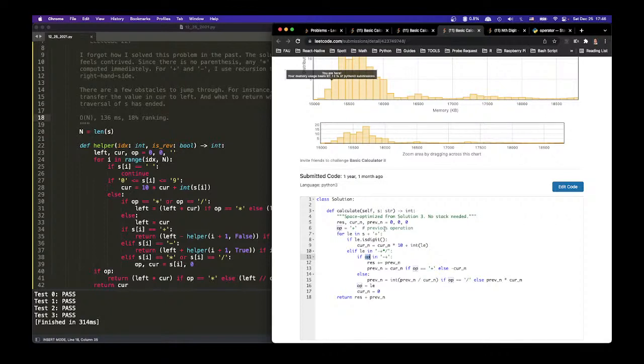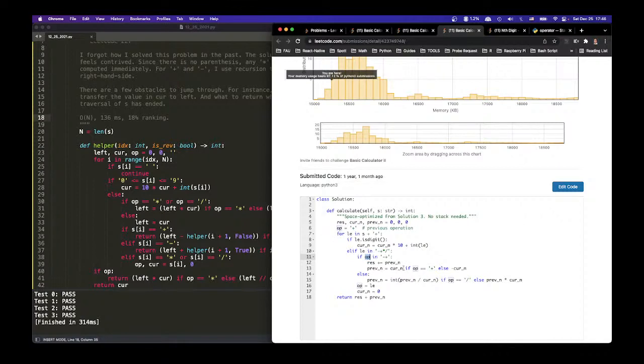And that's it. So operator now is a plus. The previous value is 0, so the current result is 0, right? And the previous value becomes the current value. That's the left-hand side. Okay, that's good.